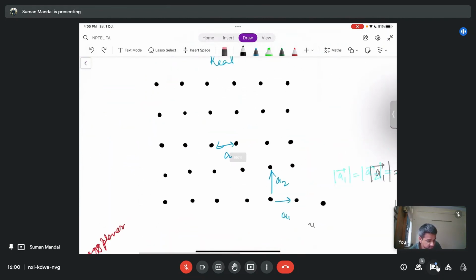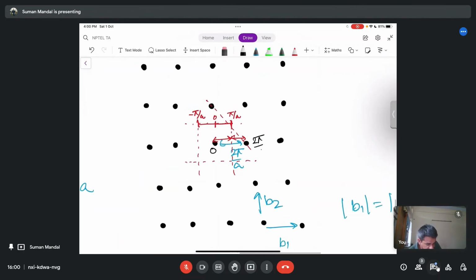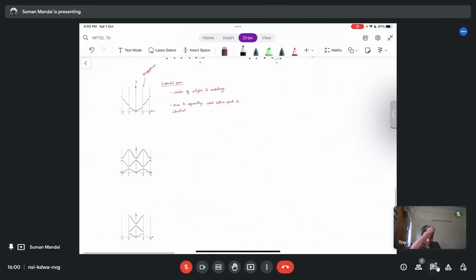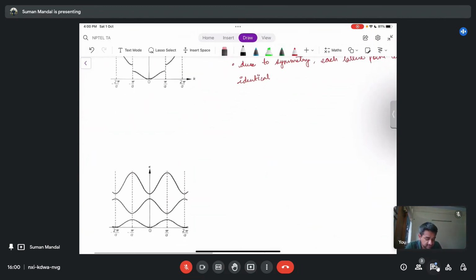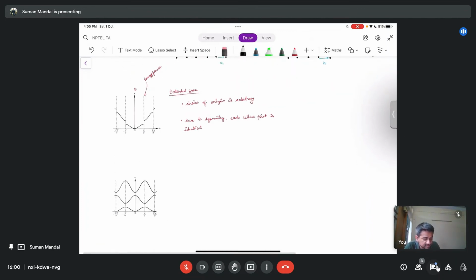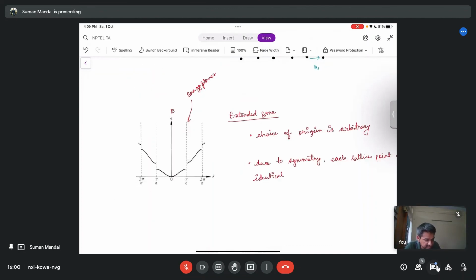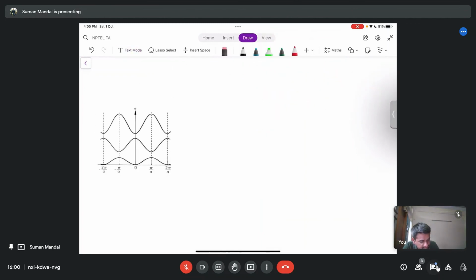This lattice point is 0. This is 2 pi by a, and this is the corresponding E versus K diagram. We have obtained this by drawing a parabola at each of these lattice points, and what we get is the periodic zone.